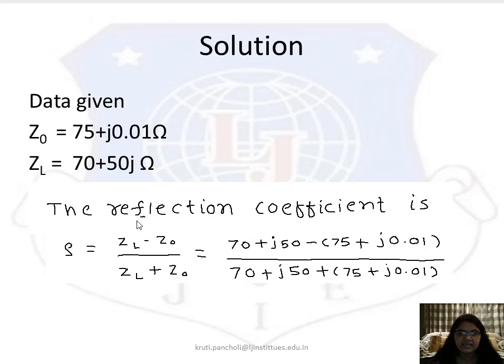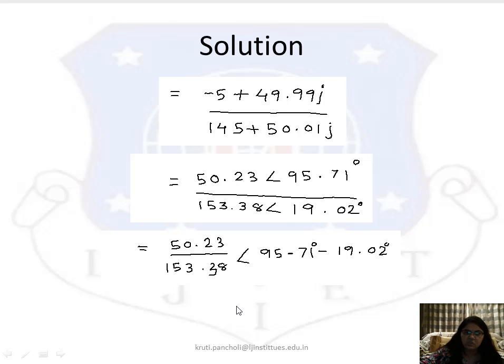The value of ZL is 70 plus j50 minus 75 plus j0.01, upon 70 plus j50 plus 75 plus j0.01. Now here it is minus 5 plus 49.99j upon 145 plus 50.01j. This is the rectangular form.